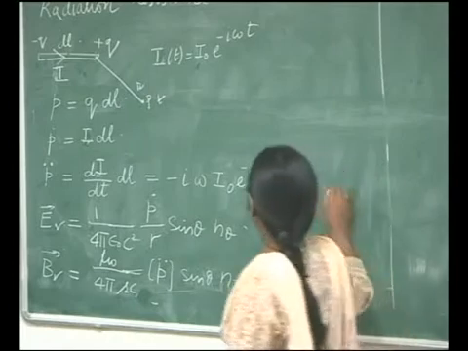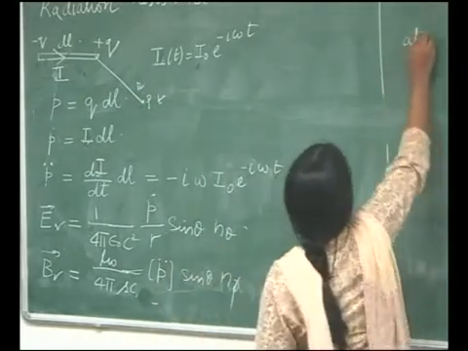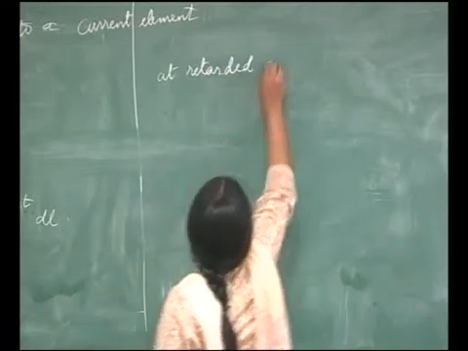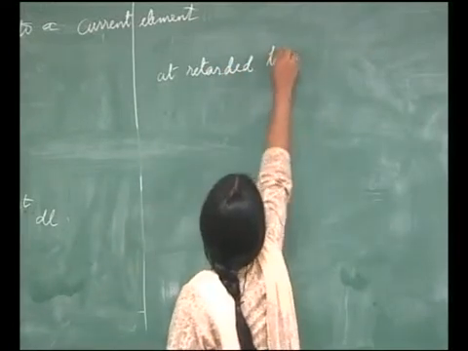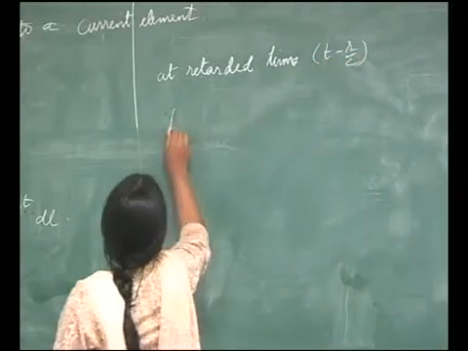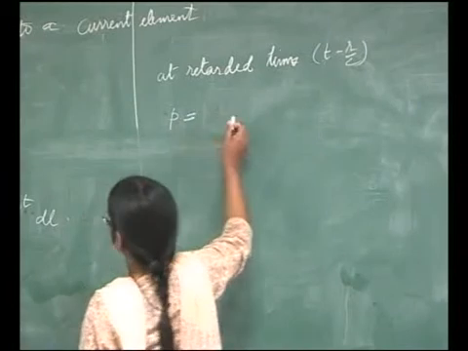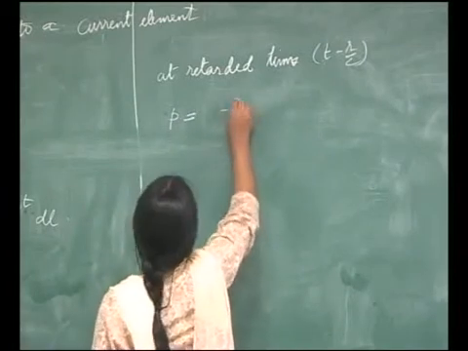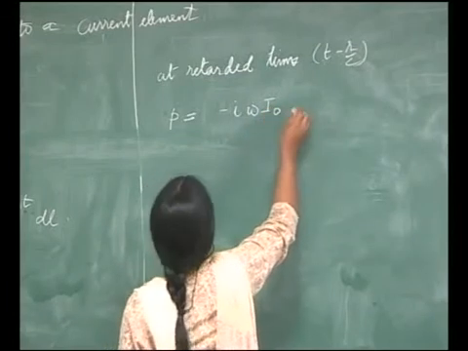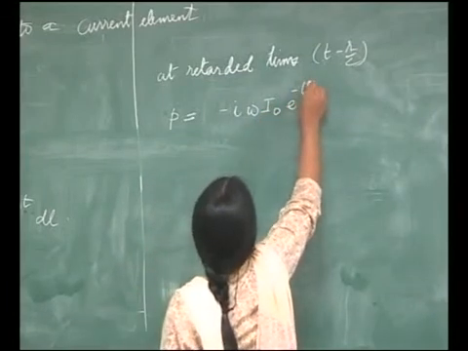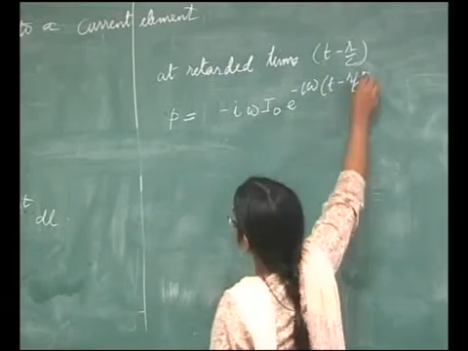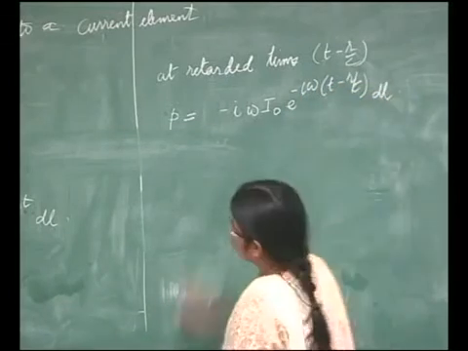So, I will write down that at retarded time t minus r by c, P double dot will be equal to minus i omega I0 e to the power minus i omega (t minus r by c) into dl.